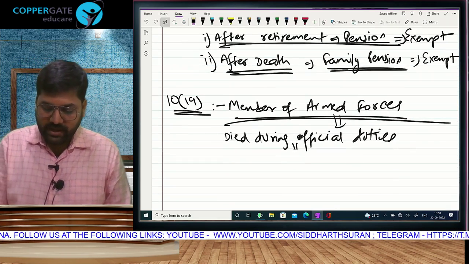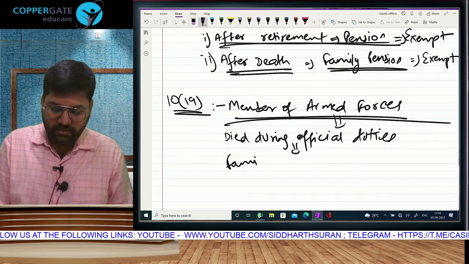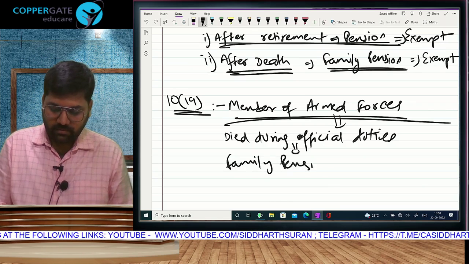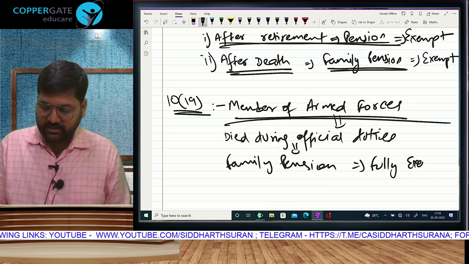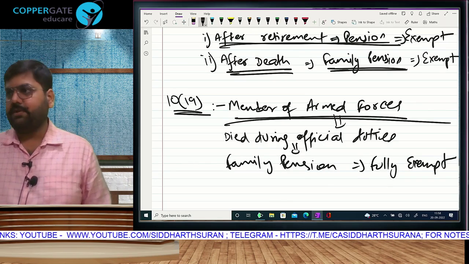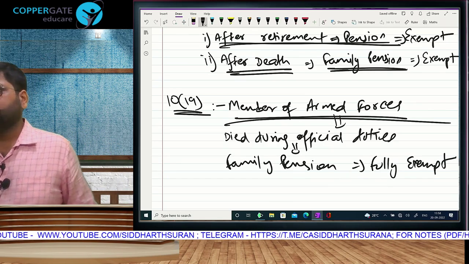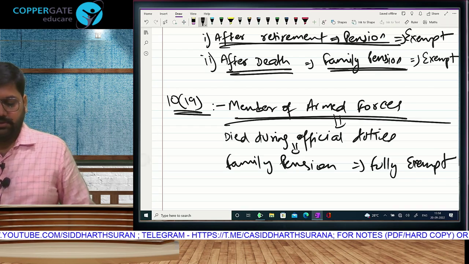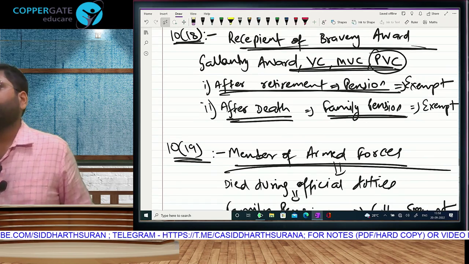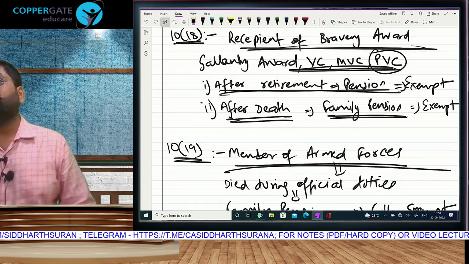Do you understand, day one itself it is going to be fully exempt? First day itself we are giving them family pension and that family pension is going to be fully exempt. Did you understand? Sir, some try to relate this and this. They are absolutely not related.